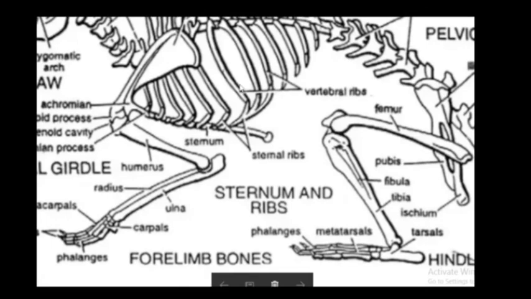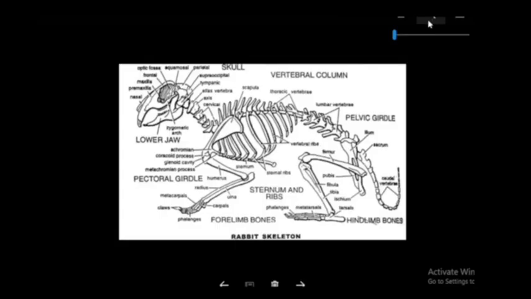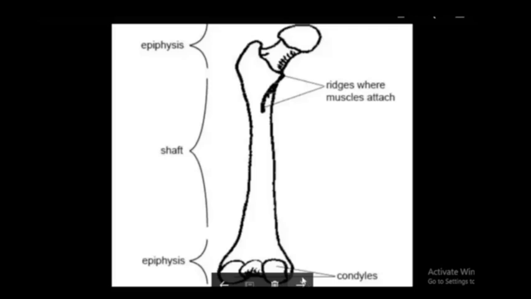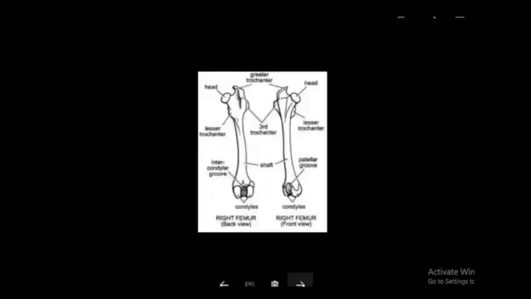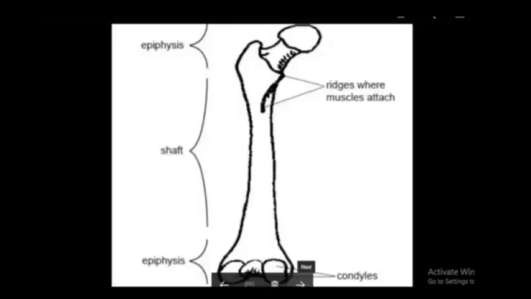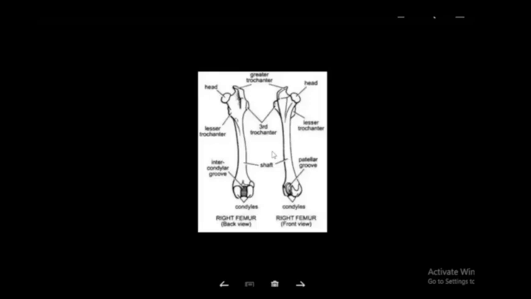Looking at the animal now, this is what the bone on its own looks like. You can see the femur bone here.